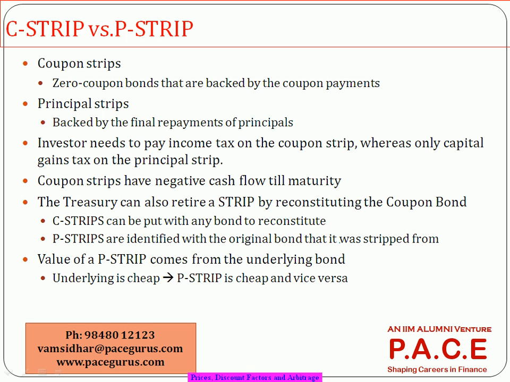That's why we say the coupon strip will have a negative cash flow until maturity, because you are getting literally zero, but you are paying taxes every year on the accrued part. So it is accumulating a negative cash flow over a period, and people can either combine or split to create those arbitrage opportunities.